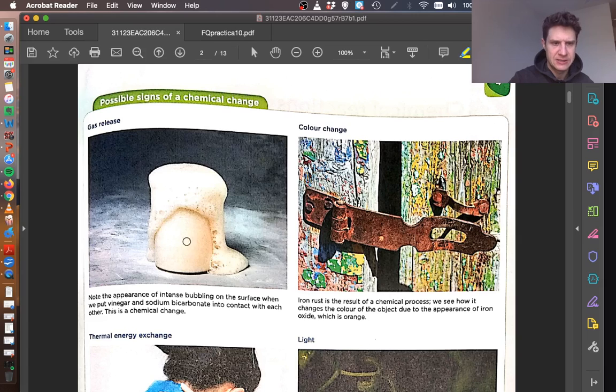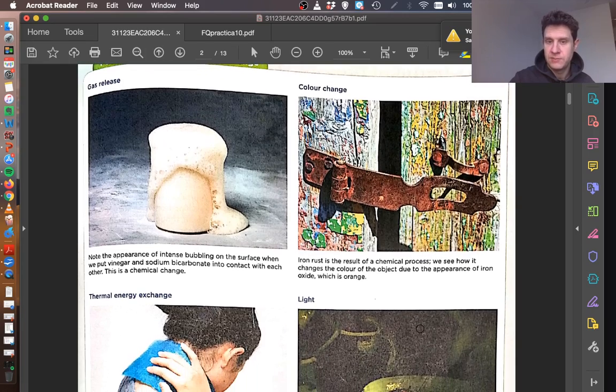We're generating these bubbles when we put vinegar and baking soda, bicarbonate. Also the iron rust when it's mixed with oxygen in the air.